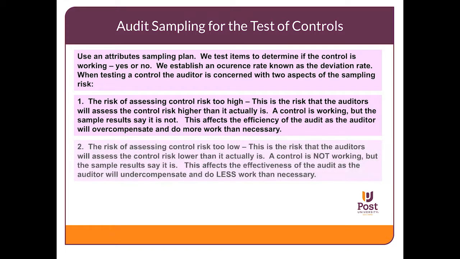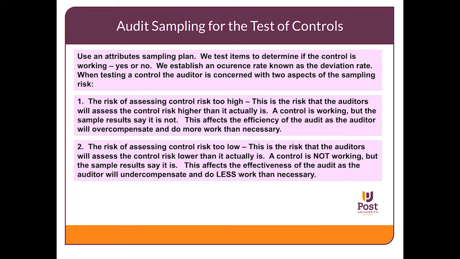The risk of assessing control risk too low. This is the risk that the auditor will assess the control risk lower than it actually is. A control is not working, but the auditor's sample says it is.